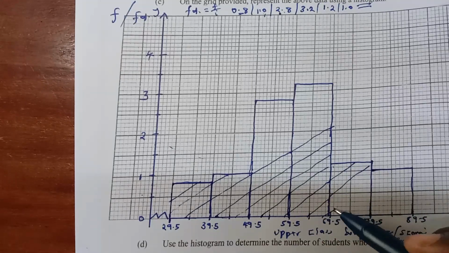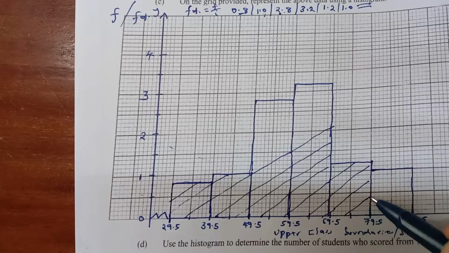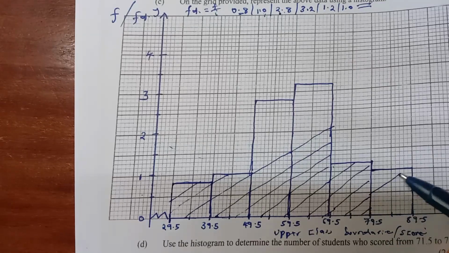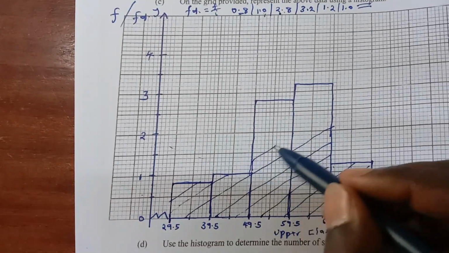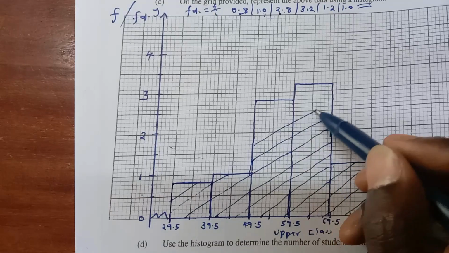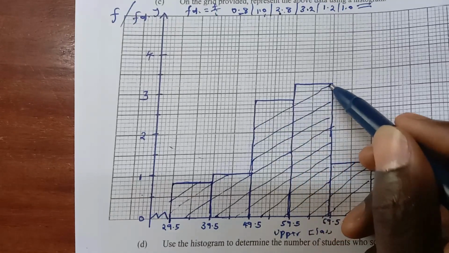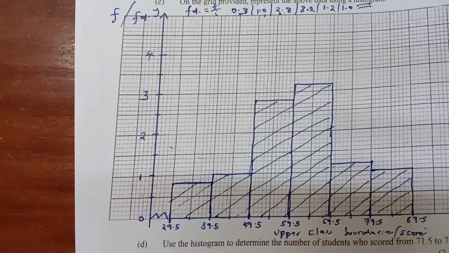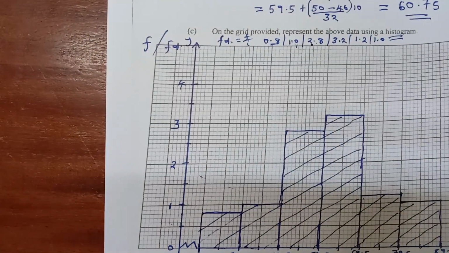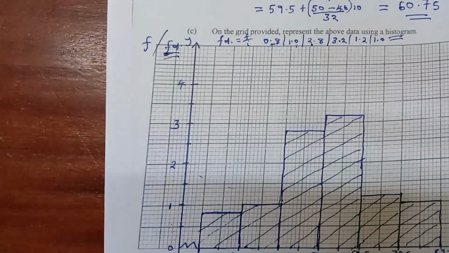Just continue and try to make sure that it is appearing very well. No detail is left out. You want to make it very conspicuous so that a person who is even at far distance can be able to see that that one is actually a histogram. This one is now a complete histogram. And this is for a person who used frequency density to plot.